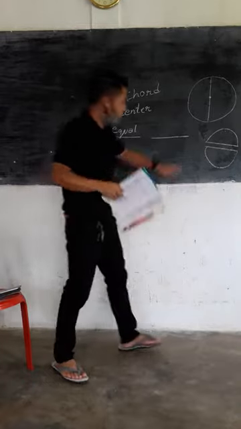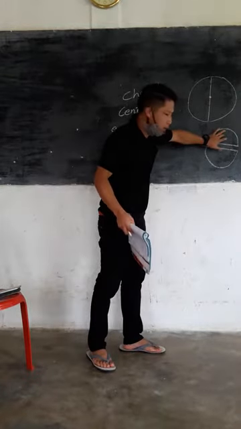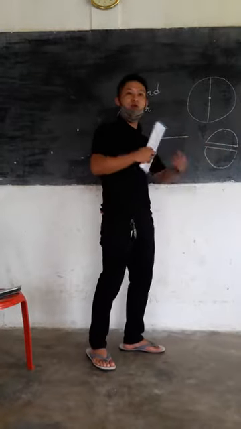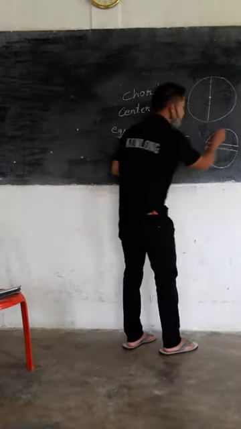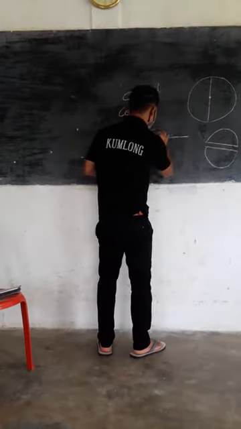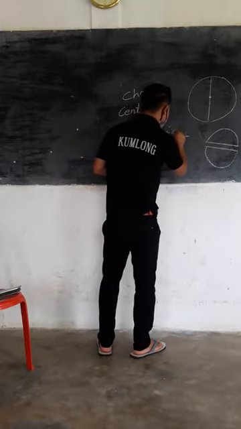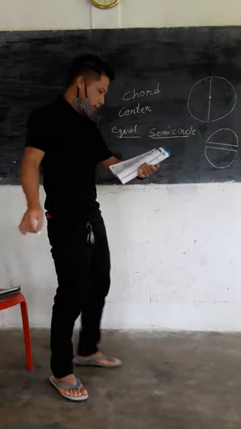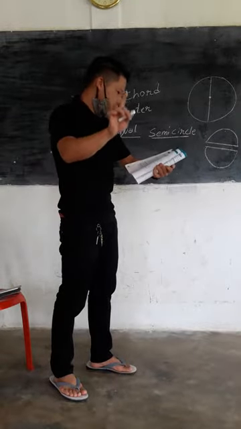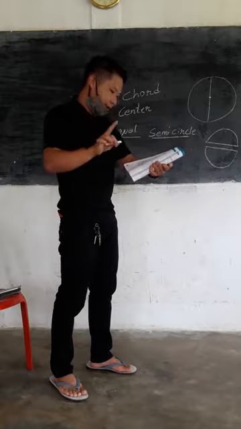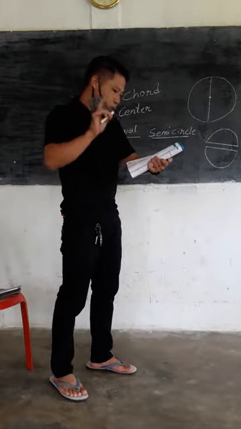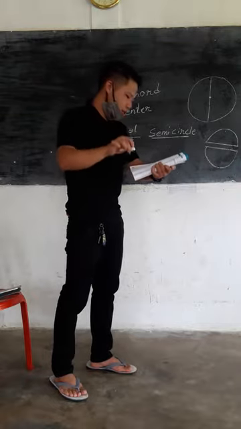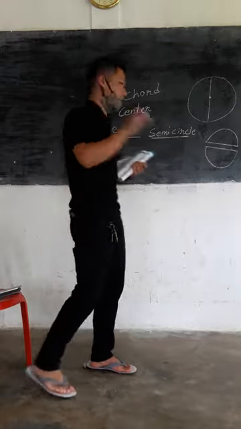It divides the circle into two equal parts, and these two equal parts are known as semicircle. The last question: the region formed by an arc and the two radii drawn from the endpoints of the arc to the center is called dash.